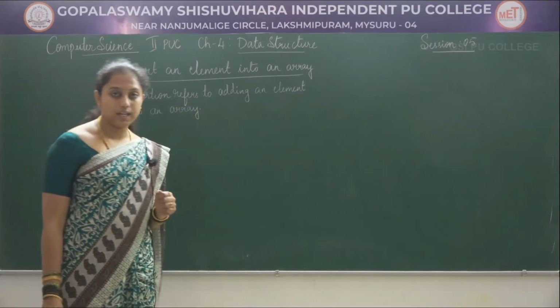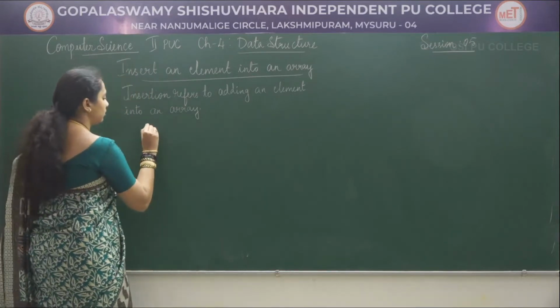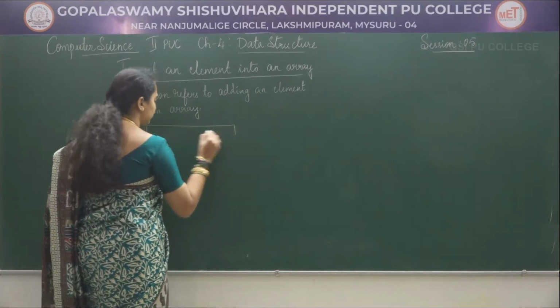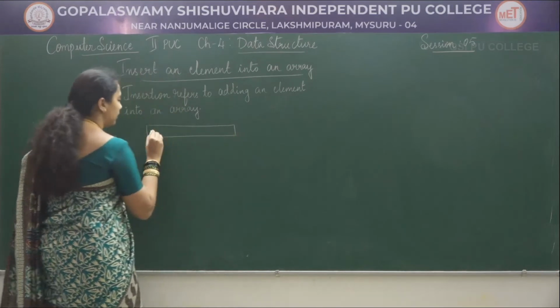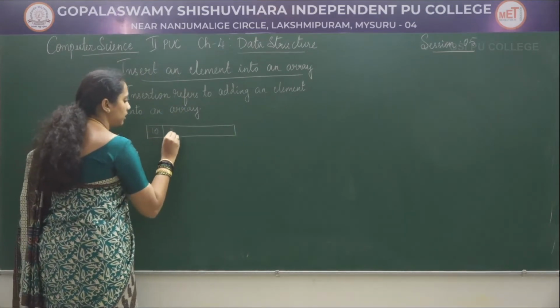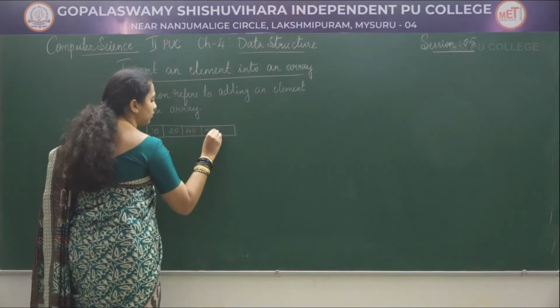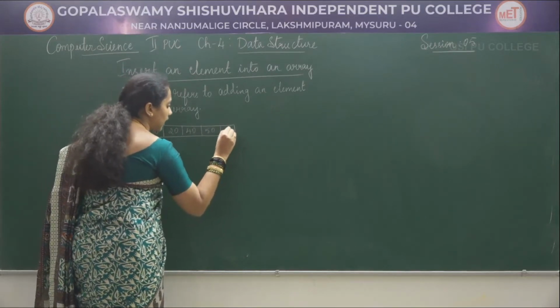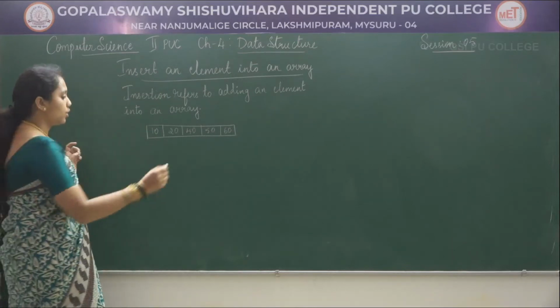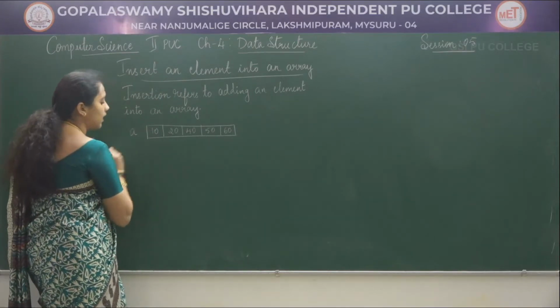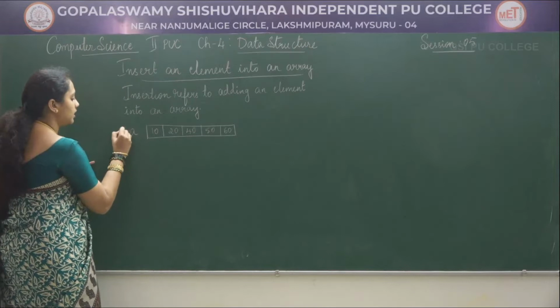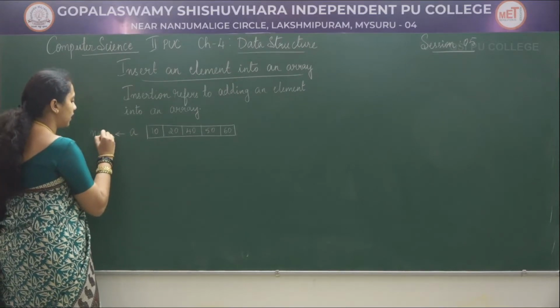Consider an array which contains 10, 20, 40, 50 and 60. So here the array name is A. A is the name of an array.